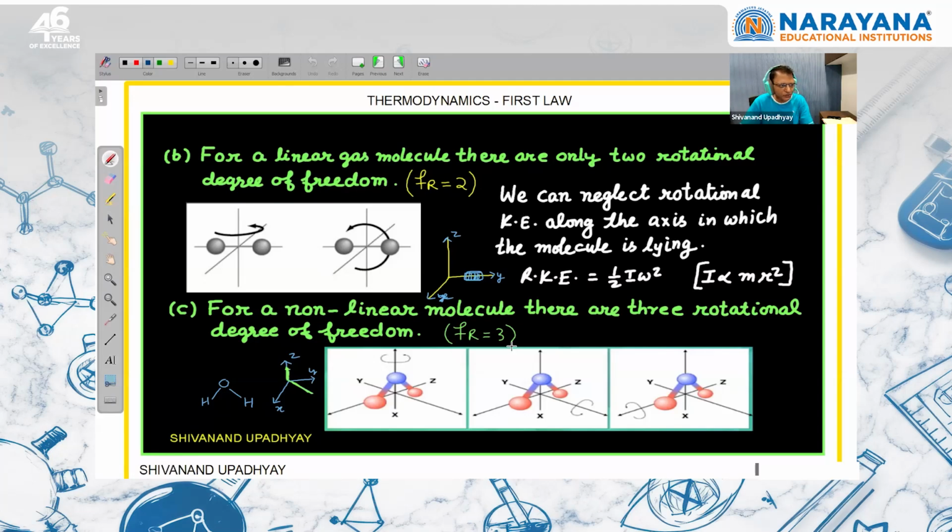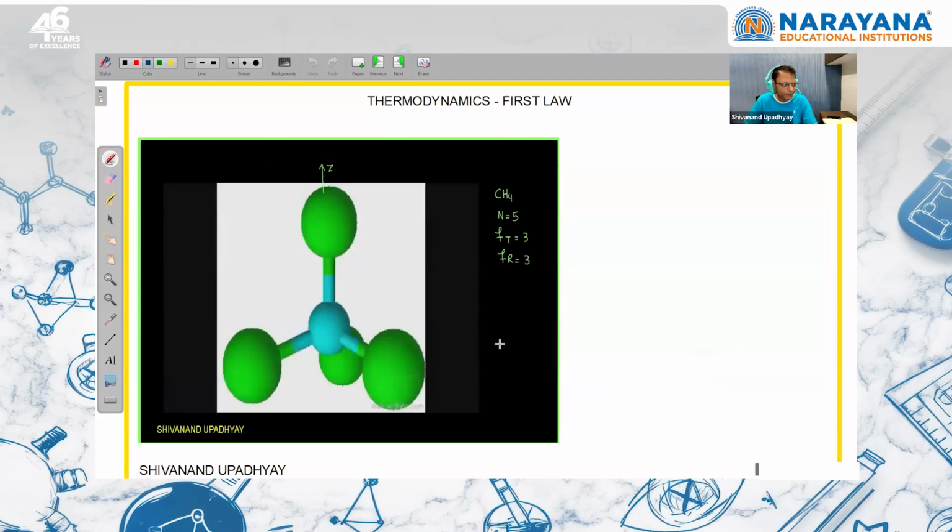In a non-linear molecule, we know that the rotational degree of freedom will be 3, right? Take a CH4 molecule: there are a total of 5 atoms, and each atom can change its coordinates. For this atom, there are coordinates x1, y1, and z1. For all these atoms, there are 3 coordinates, and these can be changed, right?